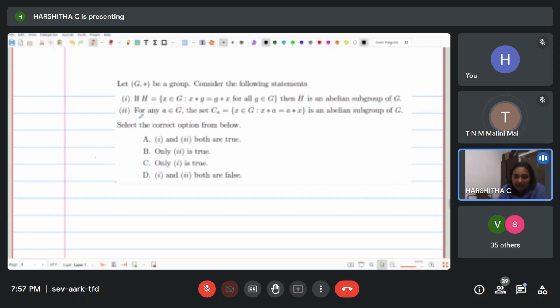And the second statement says that for any A in G, the set C(A), so you're looking at all the elements which commute with a particular element A, is this an abelian subgroup of G? So, any answers?